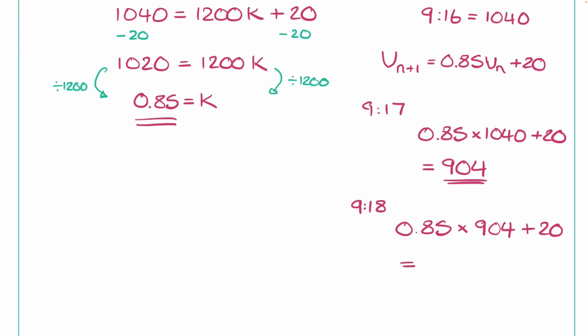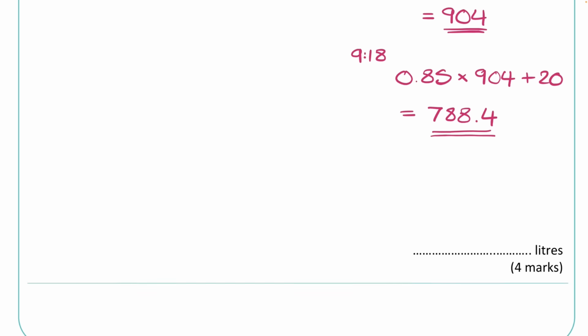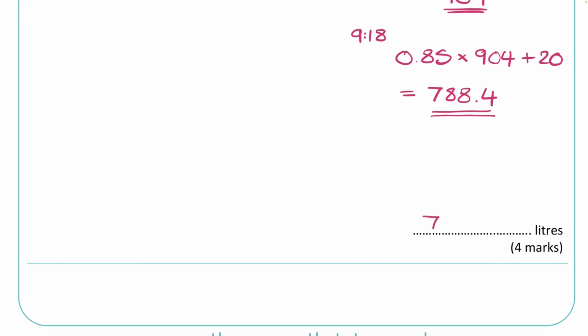So just reusing that previous answer to work out each next iteration. So times 904 and then add 20, and that gives me 788.4. And there we go, there's my final answer, 788.4, and that is the volume of water in the tank at 9:18. So we'll just write that in, 788.4 litres.